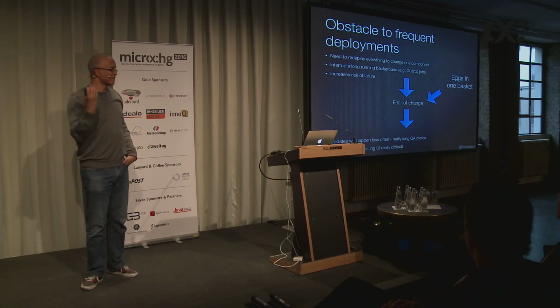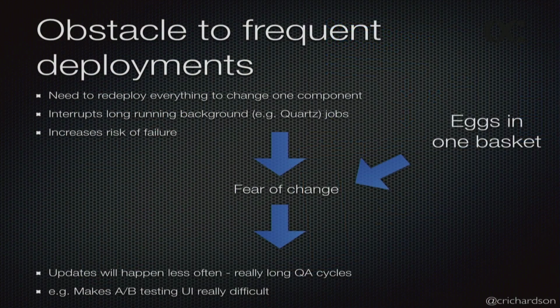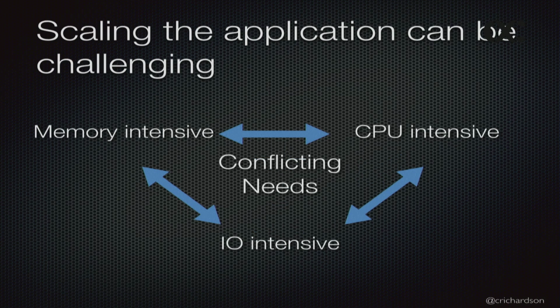You're likely to have an extensive manual testing phase, and you end up having very infrequent releases, which actually increases the risk of failure and so on. Scaling can be a problem because inside that one monolith, you could have a bunch of modules with very different scaling needs.